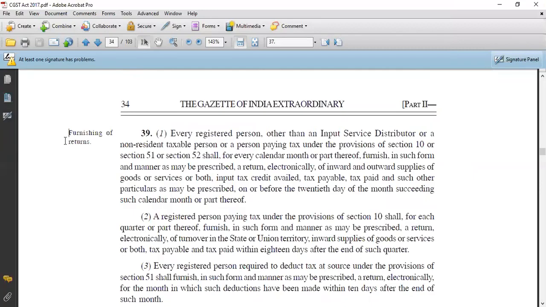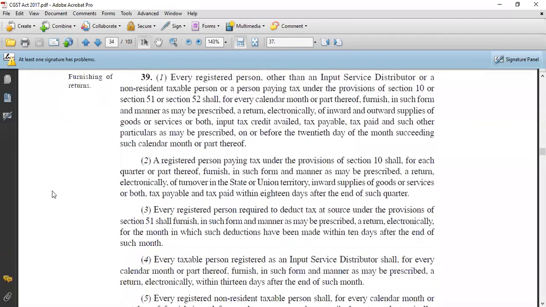It simply says furnishing returns. 37 was only saying outward supply information. 38 was only saying inward supply information, but 39 deals with outward supply information, inward supply information, GST payable, etc., so many other information. 39 is the main section of return. It is a lengthy section.